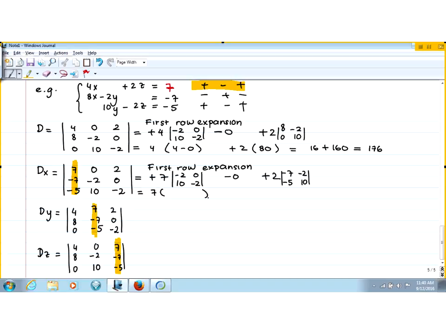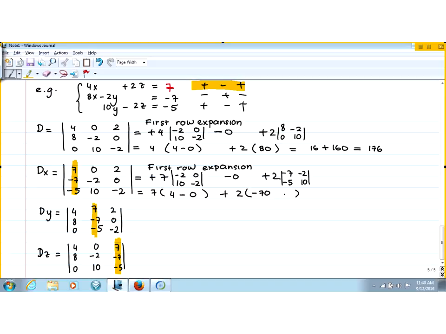So it is 7 times. What is it? Negative 4? No, positive 4, right? Yeah. So positive 4 minus 0, and this is 0. We can just ignore. It will be 0 anyway. Plus 2 times what?